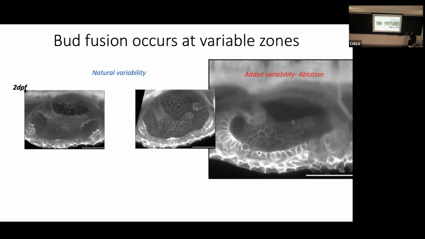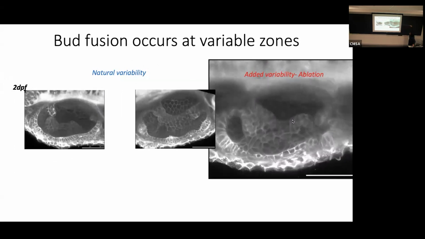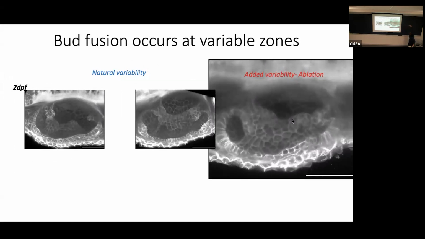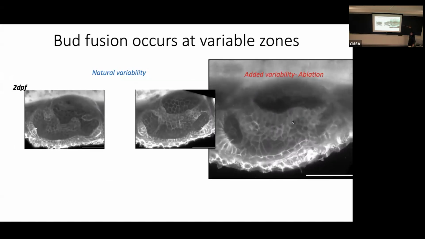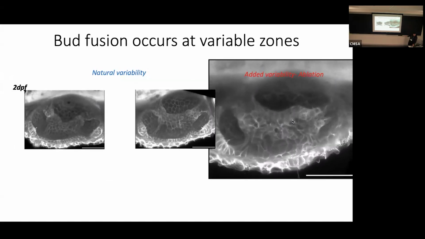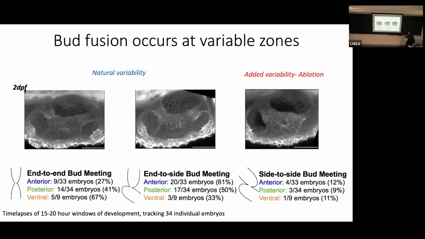In this aortic vesicle, we've ablated the aortic vesicle, so this bud is going to meet its partner bud earlier because the vesicle is smaller now, and on its side. We can do statistics on where they're meeting, and it is quite spread across. On average, they meet either end to end or end to side.